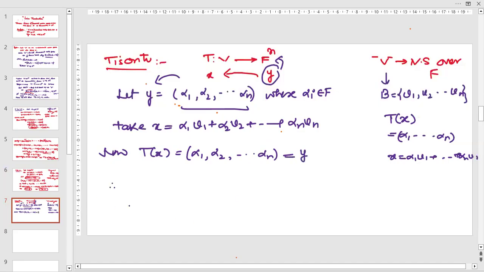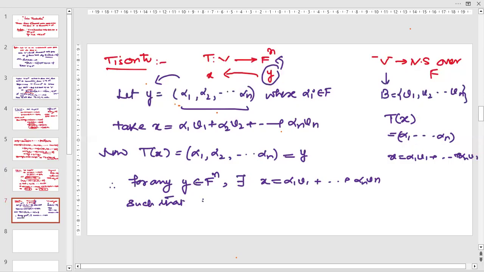So we have shown that for any y belonging to F^n, there exists x equal to alpha 1 V1, so on to alpha n Vn, such that T of x is equal to y. So we have shown that corresponding to every element y here, there exists an x in V. So therefore, T is onto.